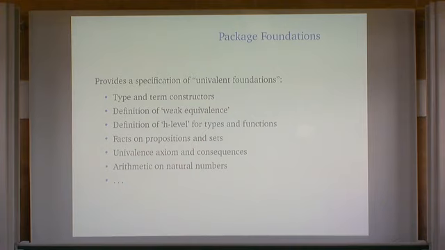In particular, in this part, we define the type and term constructors we are using. We define weak equivalences and the important notion of homotopy level. And then there's a collection on the particular levels of propositions and sets. Statement of the univalence axiom, consequences such as function extensionality, arithmetic on natural numbers, and some other stuff that I mentioned.